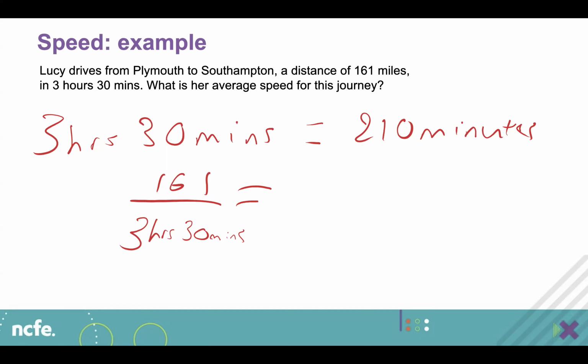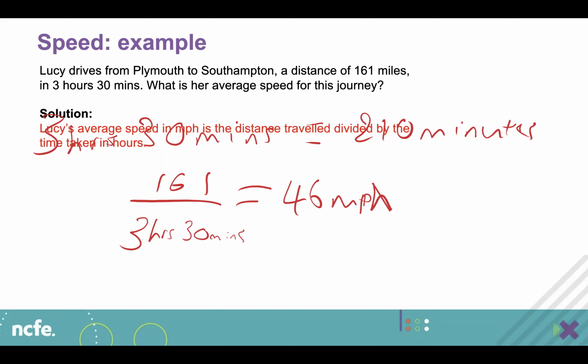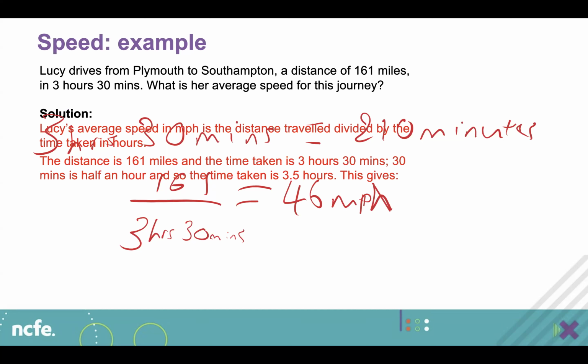So the speed would be 161 divided by 3.5 because it's 3 hours and 30 minutes, which is 46, if I'm not wrong, miles per hour. Yep, 46 miles per hour.